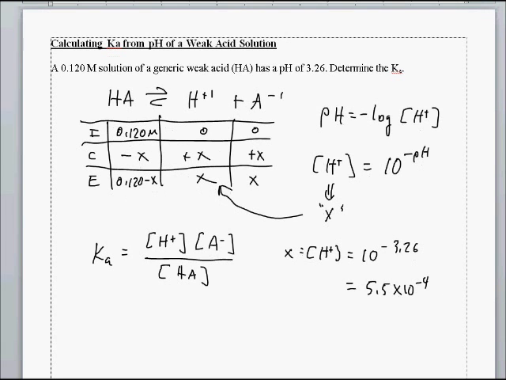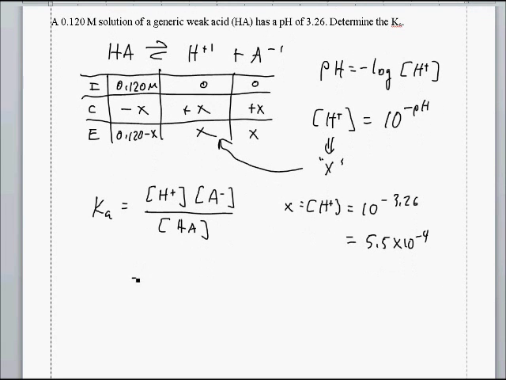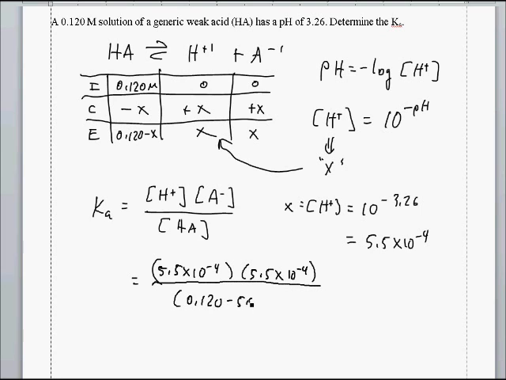Okay, so if that's X, then I can write 5.5 times 10 to the minus fourth, again, times X again, so it's just squared, but I'll write it out the long way in case you're confused why that suddenly got squared. And then I put that over 0.12 minus 5.5 times 10 to the minus fourth.